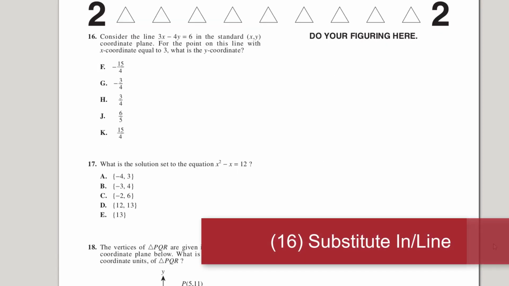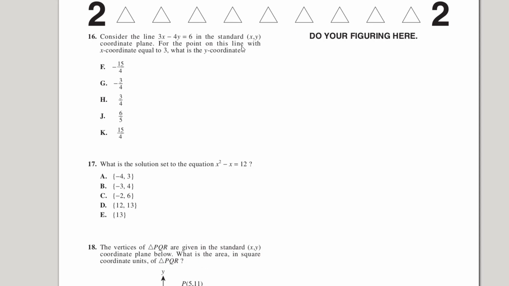Question 16 asks us to consider the line 3x minus 4y equals 6 in the standard xy coordinate plane. For the point on this line with x coordinate equal to 3, what is the y coordinate? This may seem a little wordy, but all they're really asking you to do is plug in a value of 3 for x, and then solve for y in this equation.